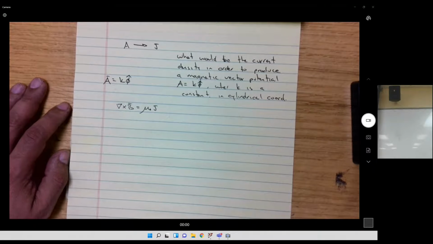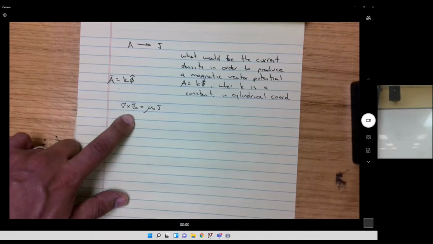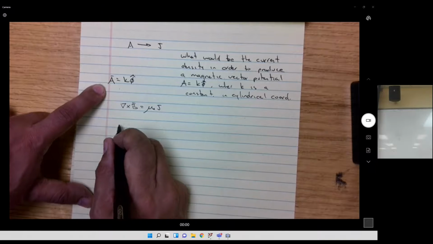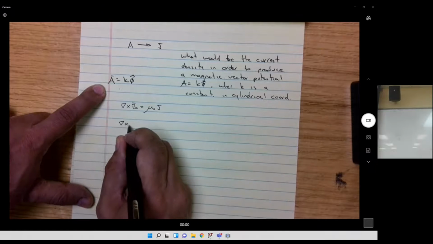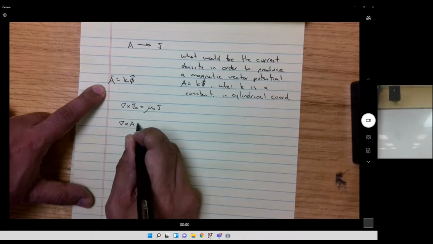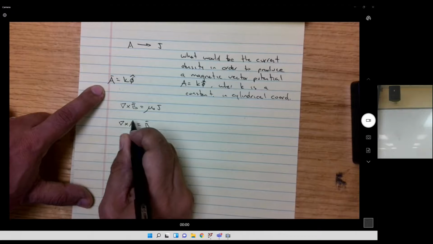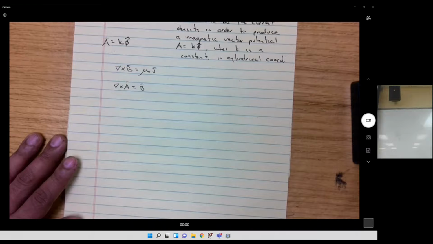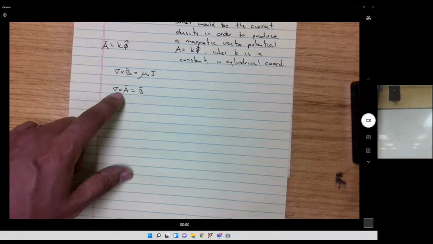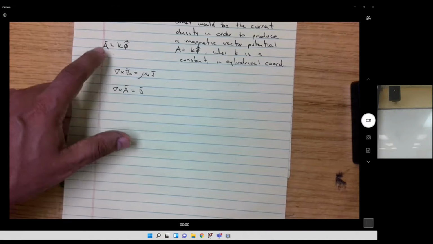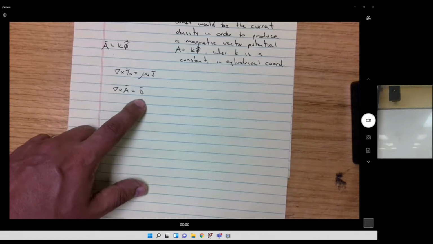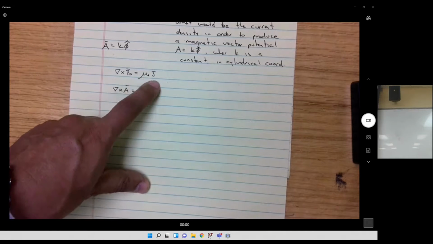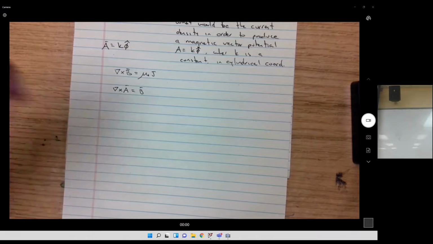And I know that I can calculate B from the vector potential, so I need to get the curl of A. That will give me B. Then I will do the curl again, and I can use that to calculate J.